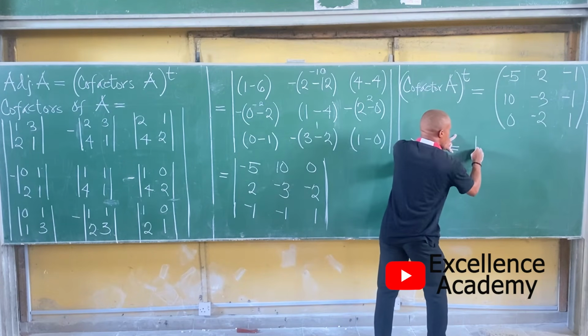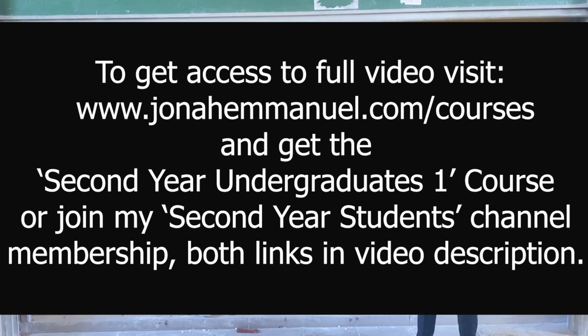The inverse of A is 1 over the determinant of A times the adjoint of A, which is the transpose of the cofactor of A. From this, my determinant was gotten to be -5, times the adjoint of A, which is this: -5, 2, -1, 10, -3, -1, 0, -2, and 1. All right. So this is what we have.